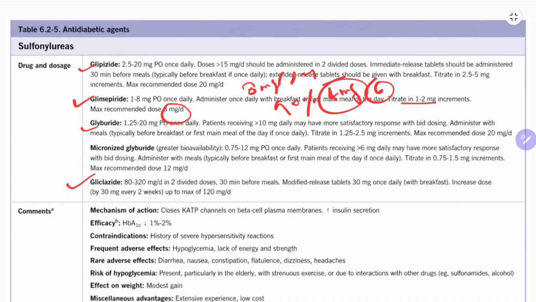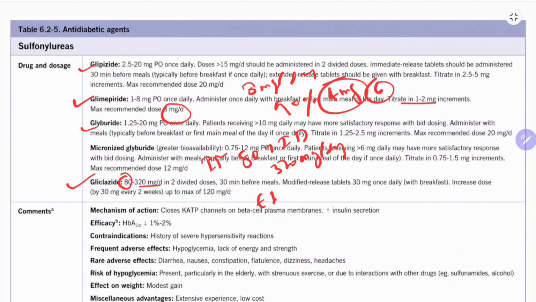Now gliclazide. Either it can be used in immediate release formulation. In immediate release formulation, it is used at 80 mg dosage thrice daily. So maximum dosage is up to 320 mg. Okay. 80 mg TID you can use. So maximum up to 320 mg per day you can give in immediate release formulation.